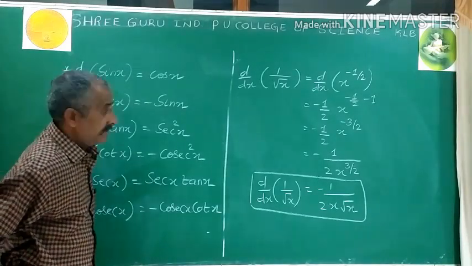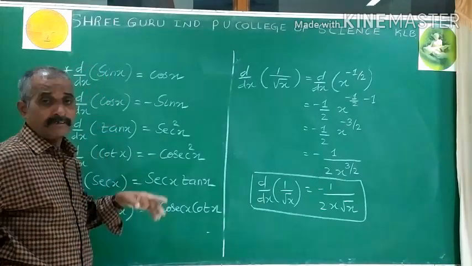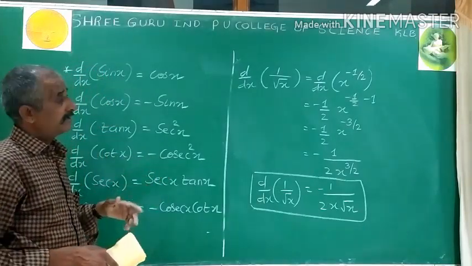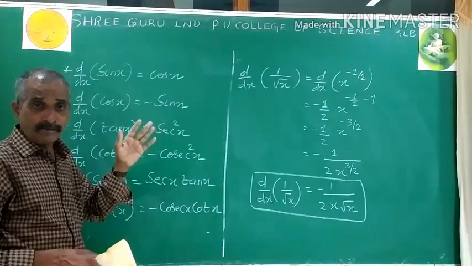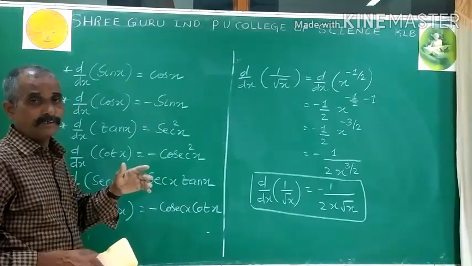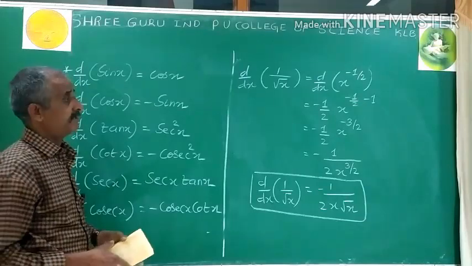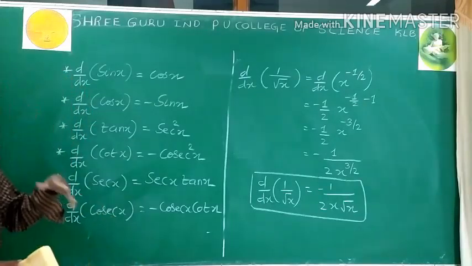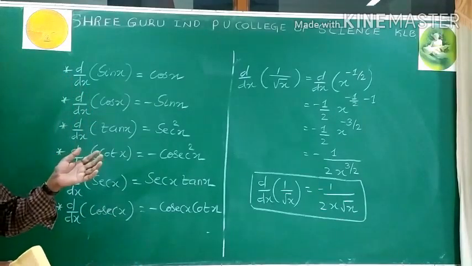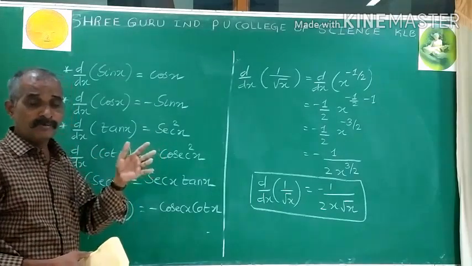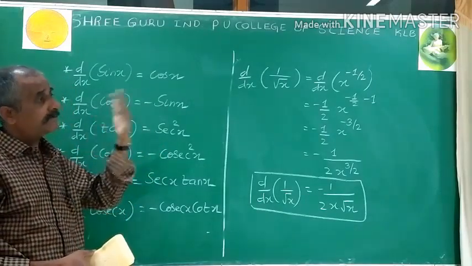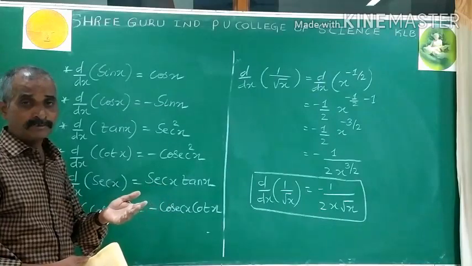So as I told, all these formulas are very crucial, very important. You compulsorily try to memorize these formulas so that you can easily solve any problem concerned with differentiation. Next we have some more questions concerned with the sum rule, product rule, quotient rule, and after that we shall take up composite functions.